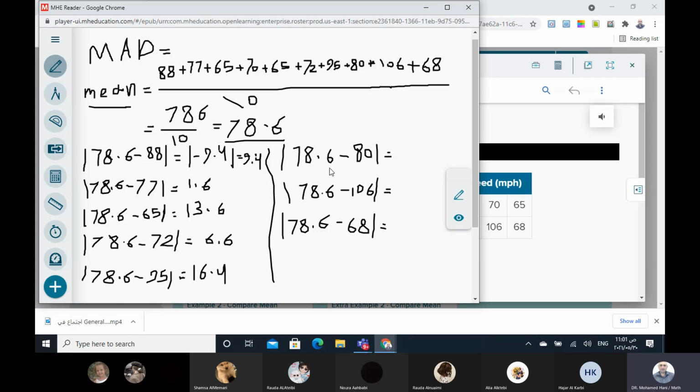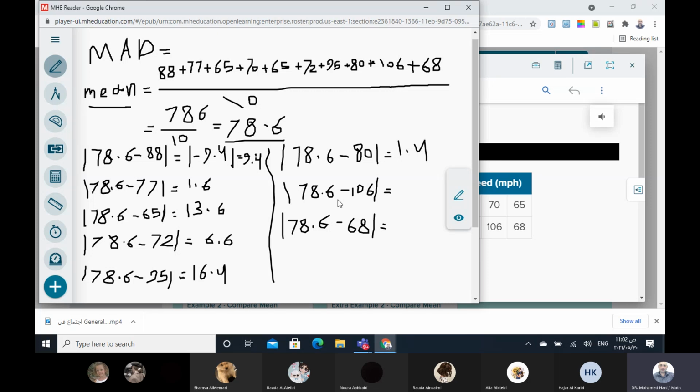And here we have 78.6 minus 80. So the answer will be minus 1.4. Take the absolute value will be 1.4. And here we have 78.6 minus 106.